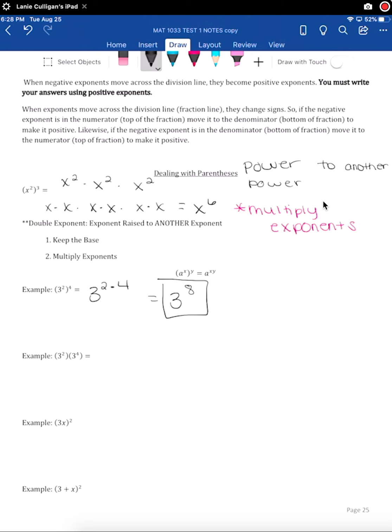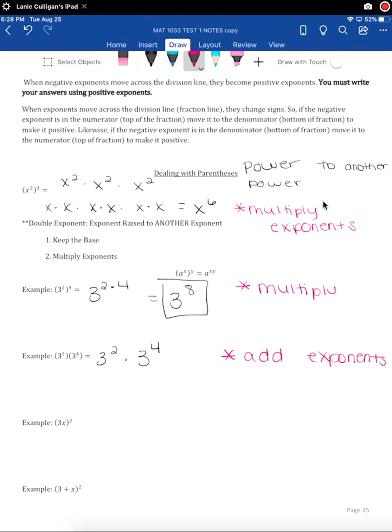Now that looks very similar to 3 squared times 3 to the 4th. Here we don't have a power to a power. These are two separate things that are being multiplied. So this time, going back to our multiplying, we are going to add our exponents. Up here, we had a power to a power, so we multiplied.